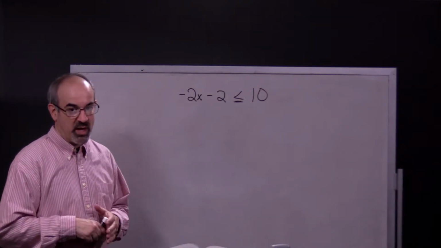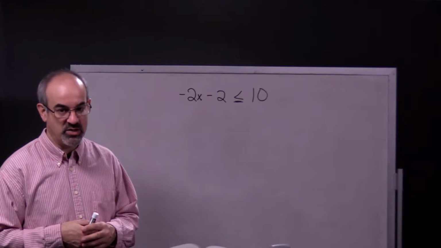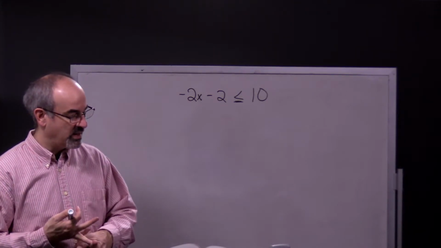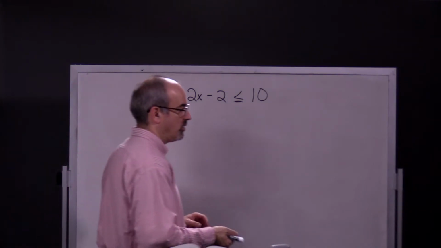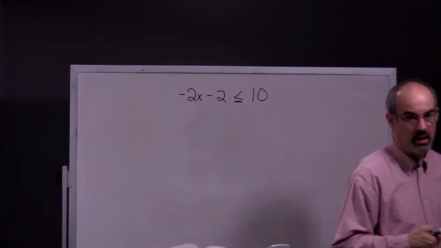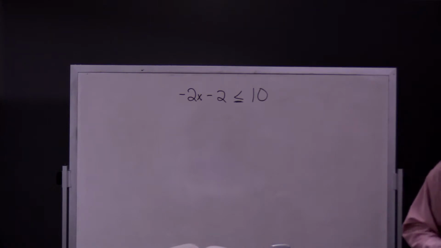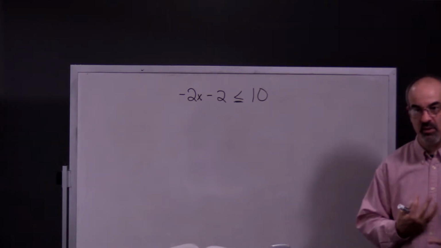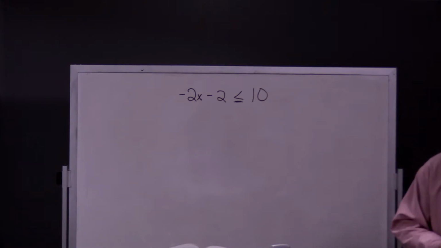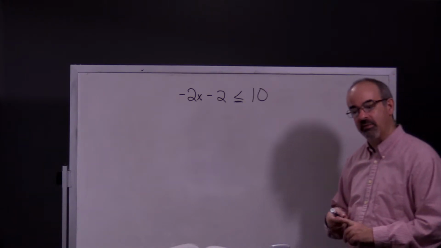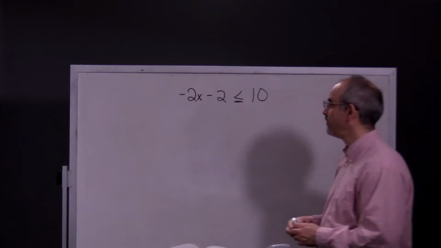You can treat these problems, like I said, just like an equation. You can add something to both sides. You can subtract something from both sides. You can multiply by a positive number to both sides. You can divide by a positive number to both sides. You can multiply and divide by a negative number to both sides, but you have to remember to change the direction of the symbol.